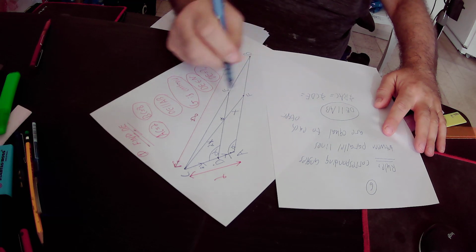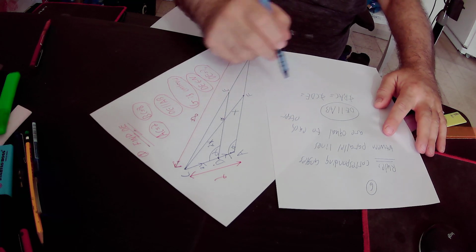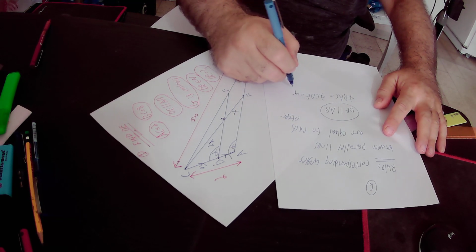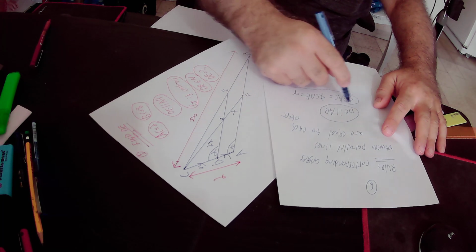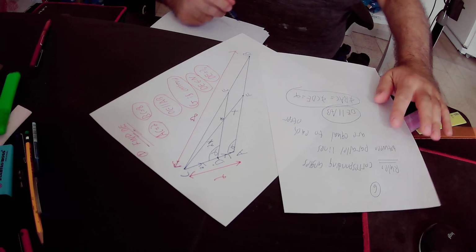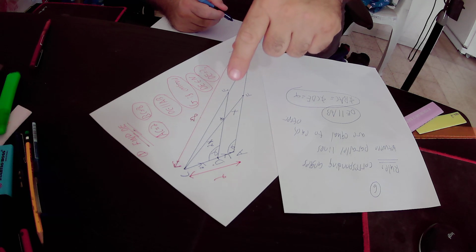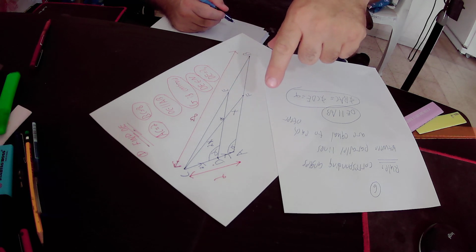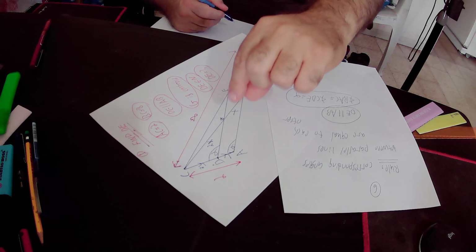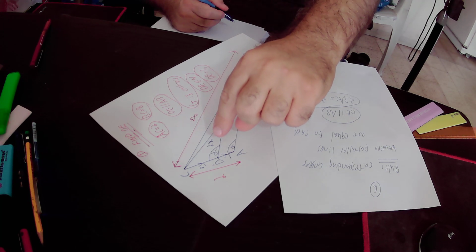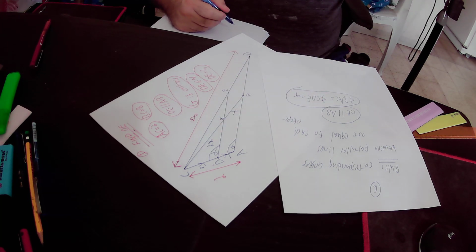And if one of the angles equals alpha, then the other angle will also equal alpha, according to the rule that corresponding angles between parallel lines are equal to each other.